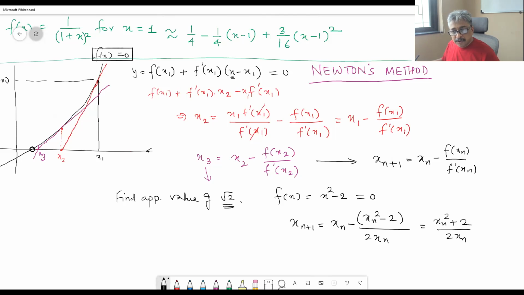Correct? So if this is our formula, and if we start, we don't know how much root 2 is, but root 2 is definitely greater than 1. So if x1 is equal to 1, then x2 is equal to, if I put 1 here, 3 by 2.